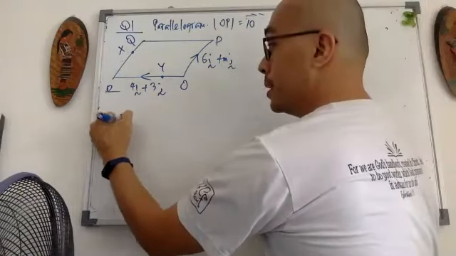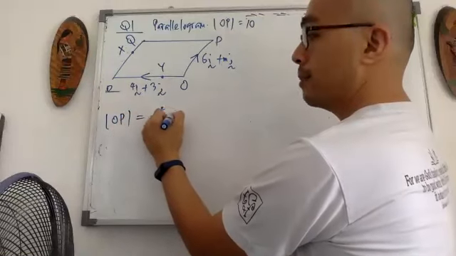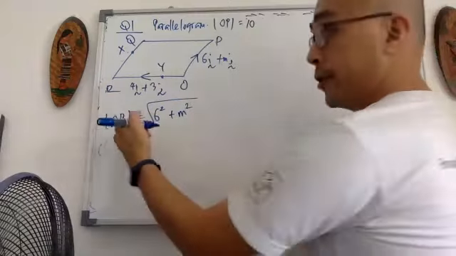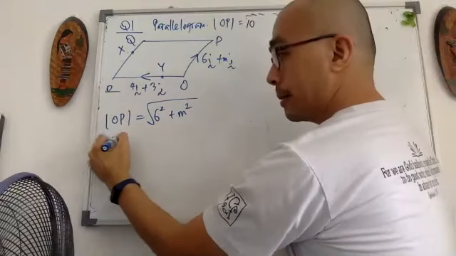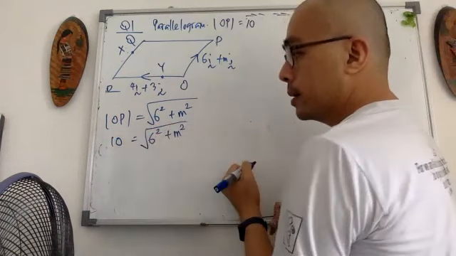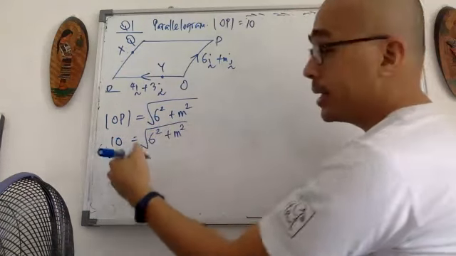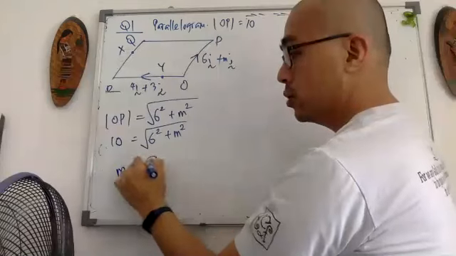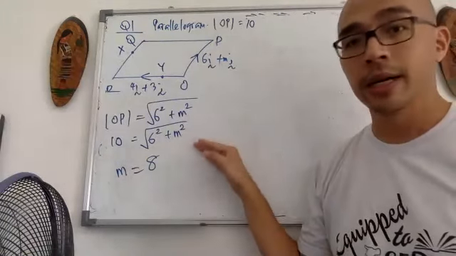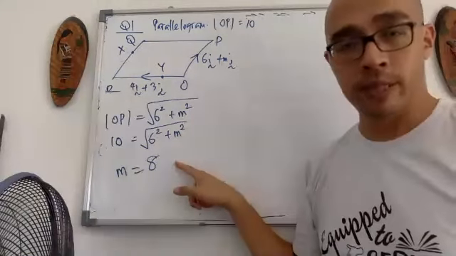So the magnitude of OP is the square root of 6 squared plus m squared, and we already have the OP magnitude, which is 10. Square root of 6 squared plus m squared. Yada yada yada, you will find that m equals 8. I'm going to skip a lot of steps because this is a no-brainer.